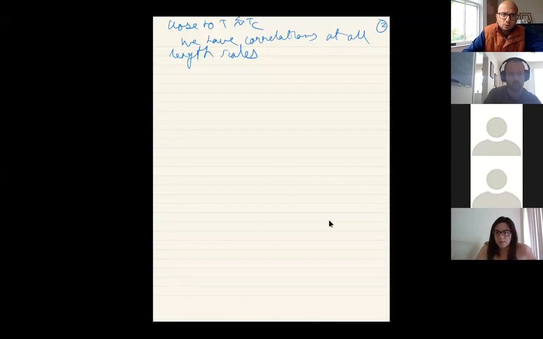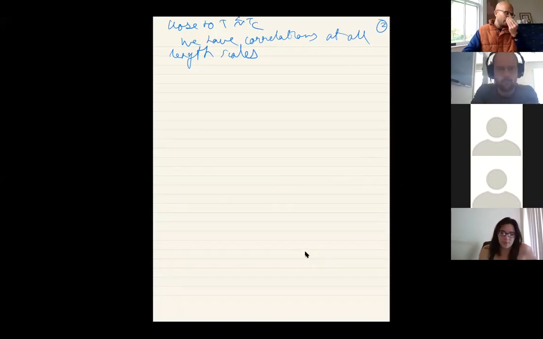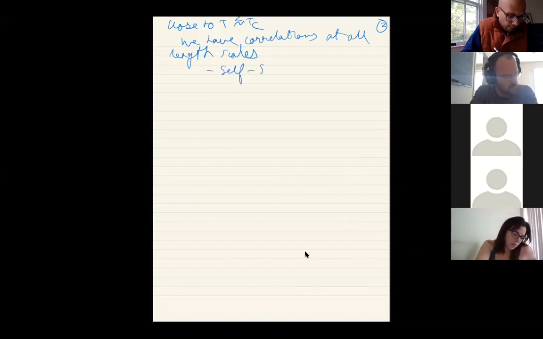So close to critical temperature, we have correlations at all length scales. And so in a sense, we have a self-similarity.